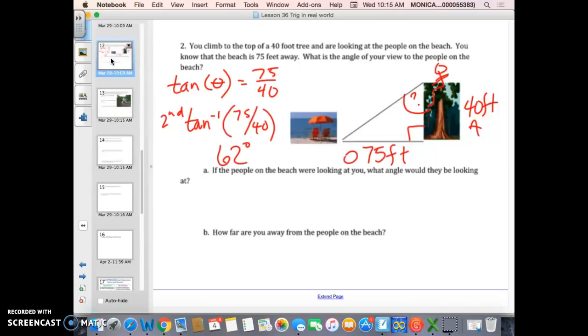So now we want to know if the people on the beach were looking at you, so let's just call this funky symbol right here. What angle would they be looking at you at? Well, there's a couple ways to do it. I know if this angle is 62, I can just do 90 minus 62.